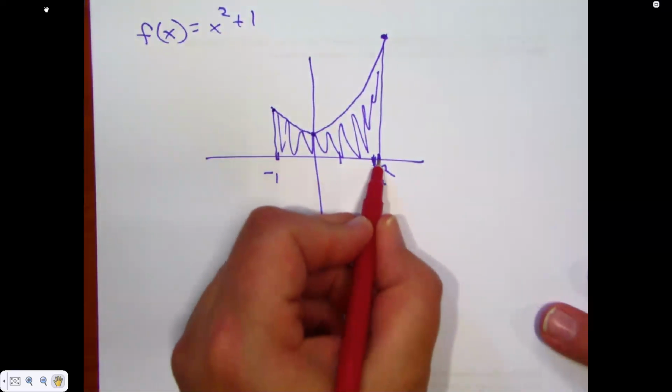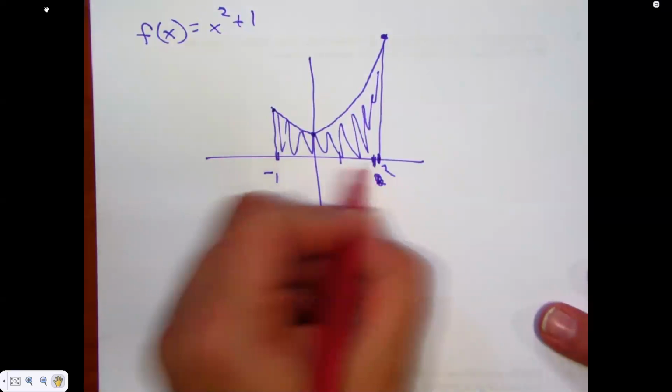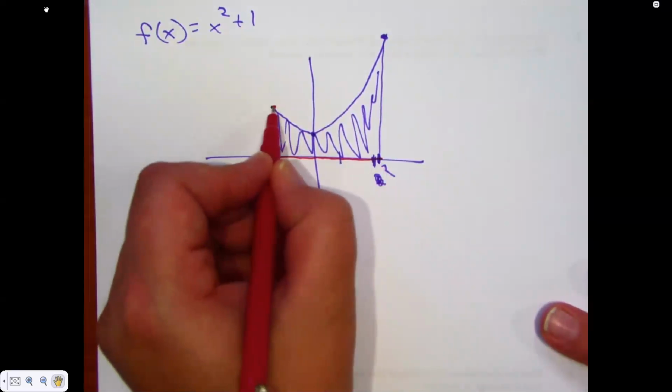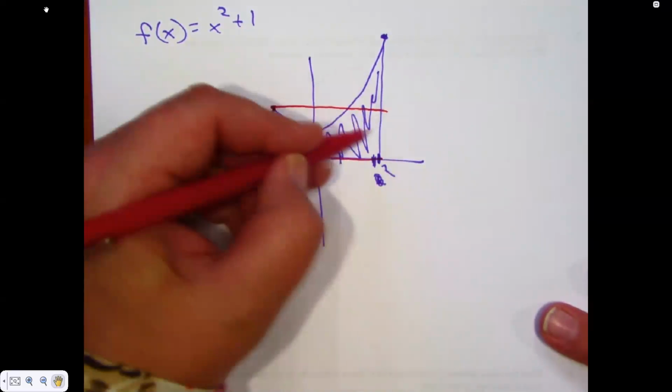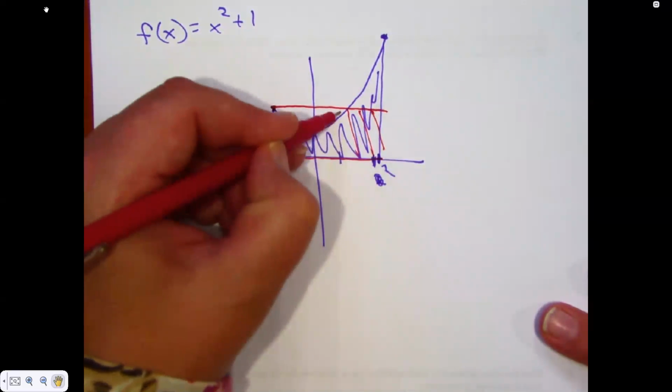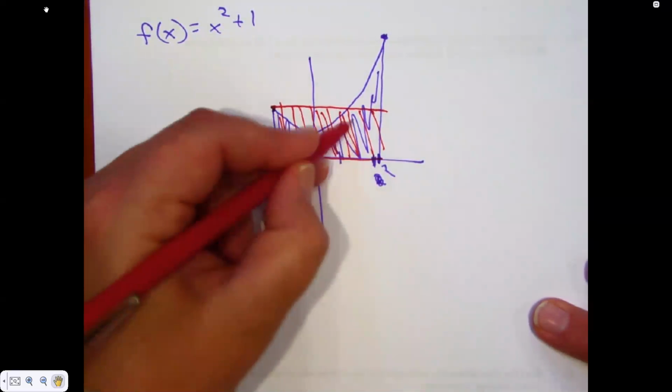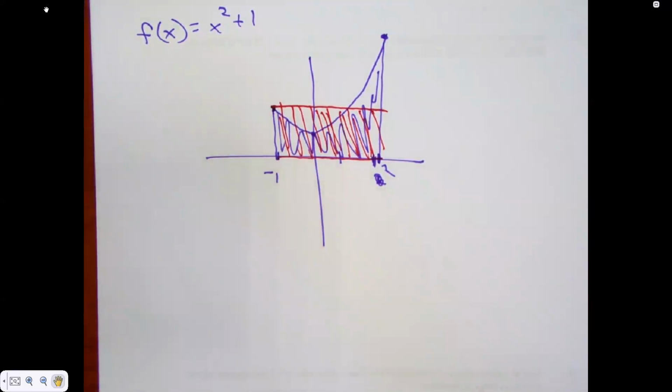So if I take a look at this rectangle from -1 to 2, with a height of 2, I think that lands right there. What do we know about the purple? Is that hard to see here? Not too bad. The purple area and the red area, they are equal.